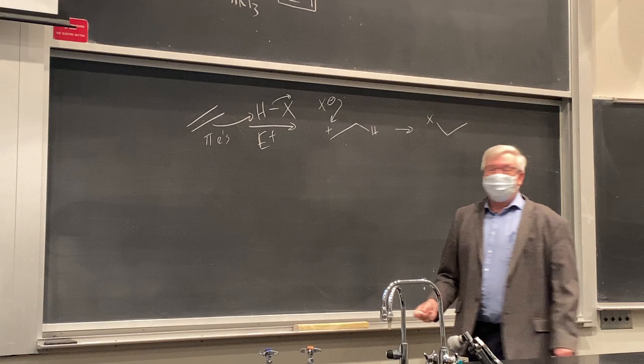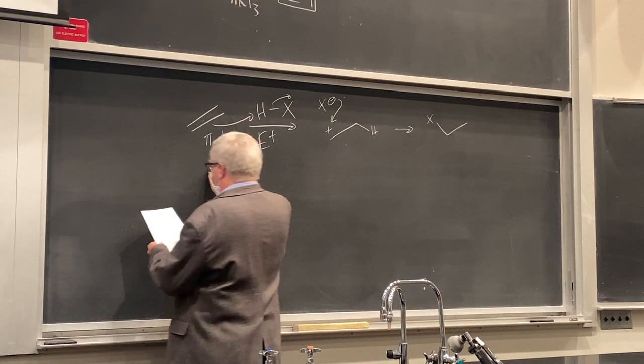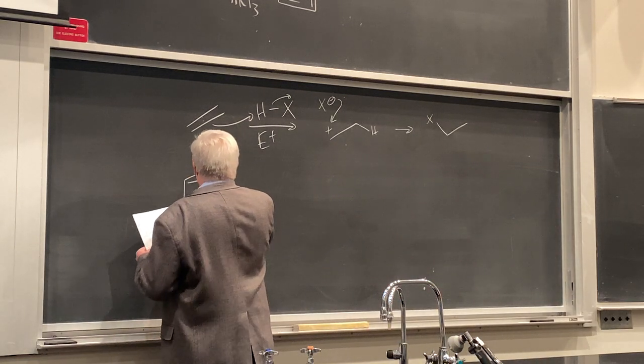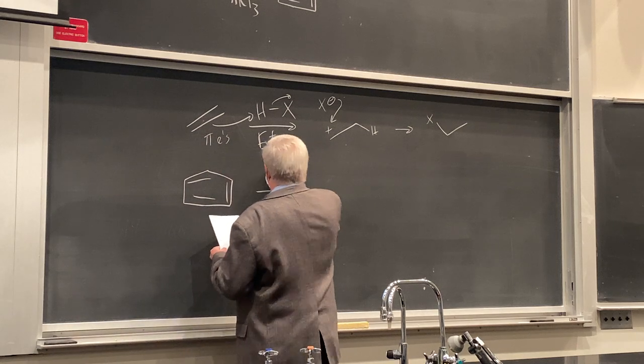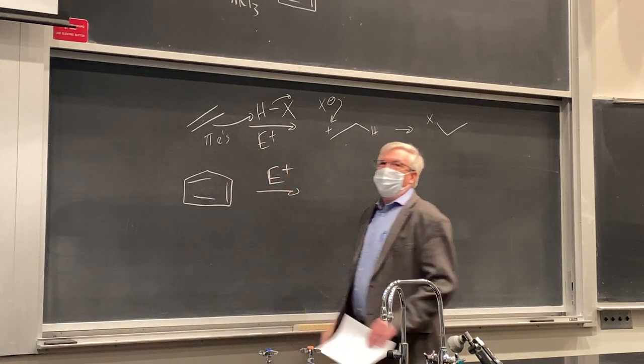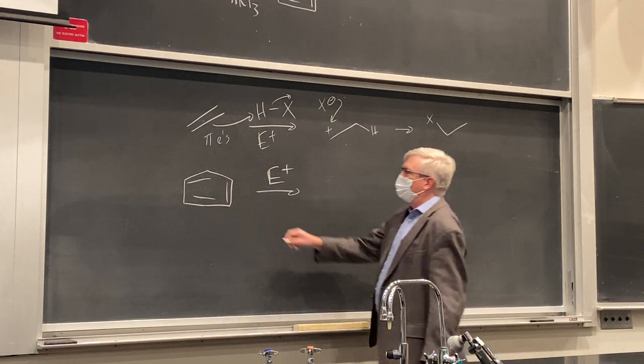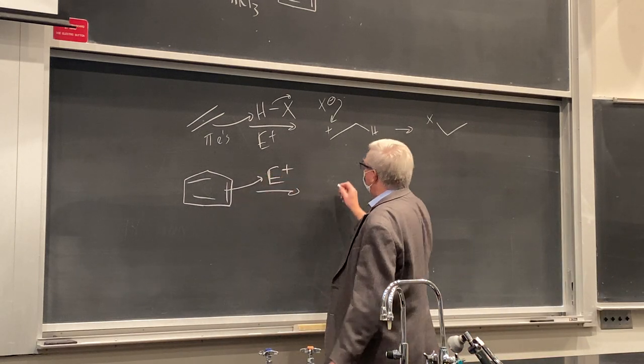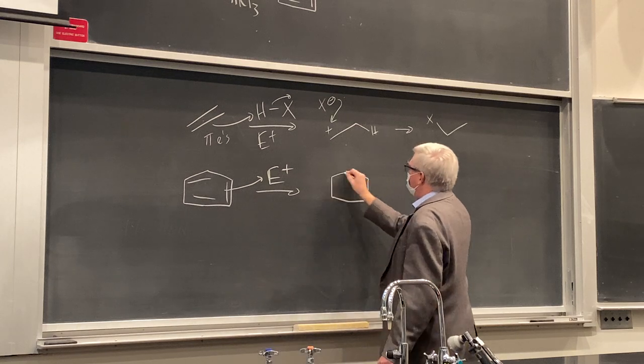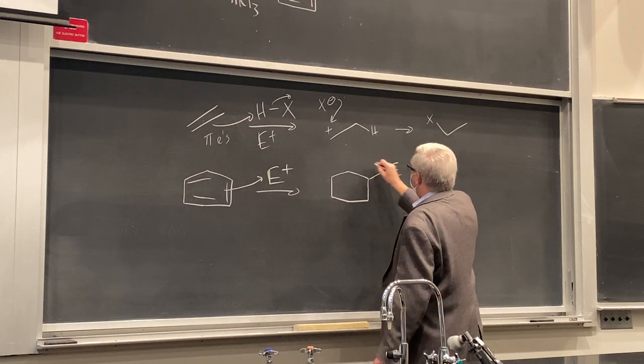Okay, let's relate that to electrophilic aromatic substitution then. We got benzene, same thing. We'll leave the electrophile generic right now, okay? All 5 of these reactions will want electrons. Benzene's acting as what?